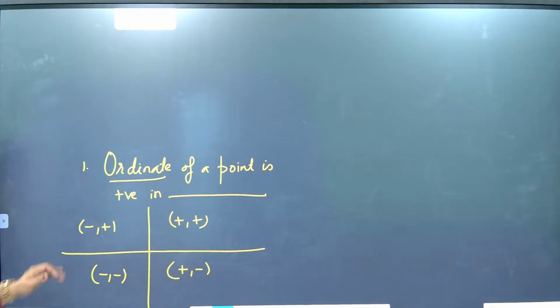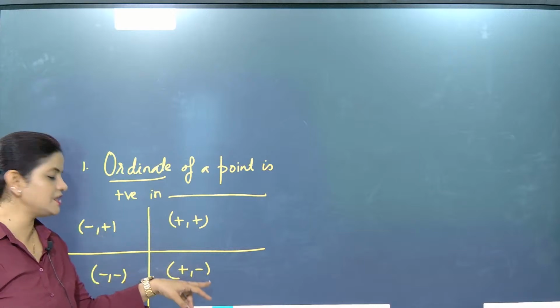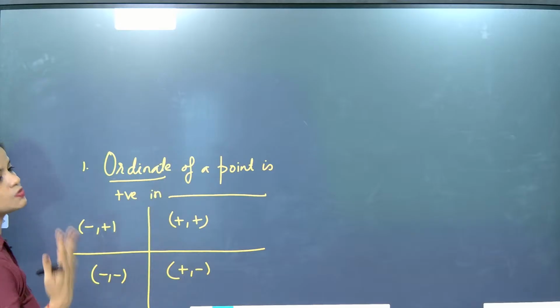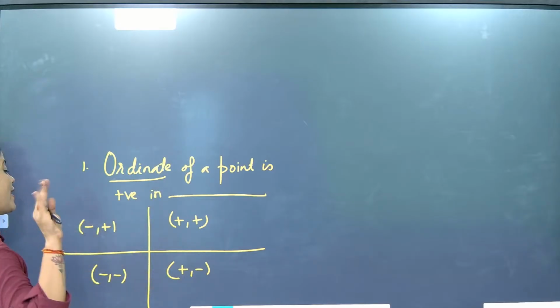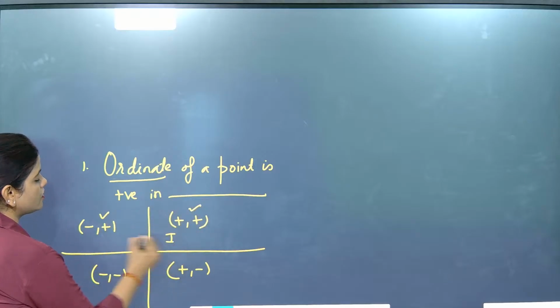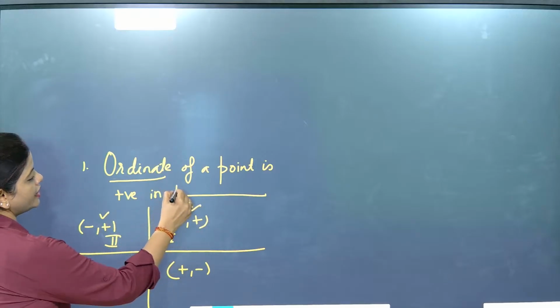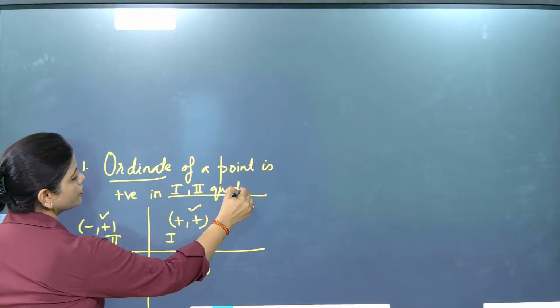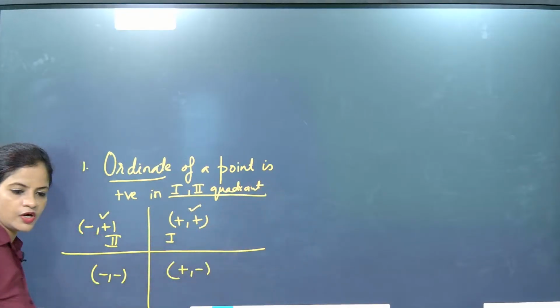So ordinate means y-axis. Where is it positive? You see, y-axis is positive in first and second quadrant. So what answer are we going to write? First and second quadrant.